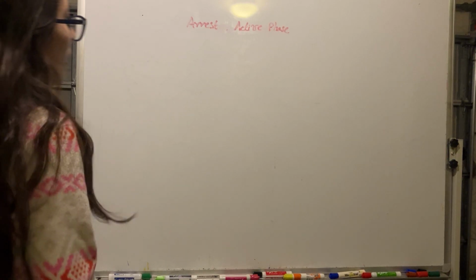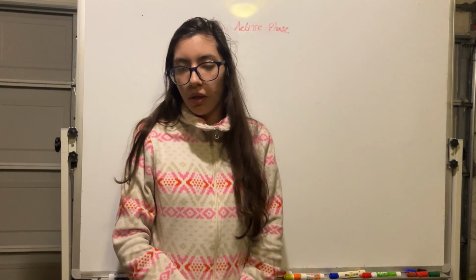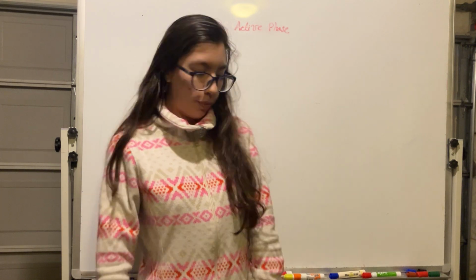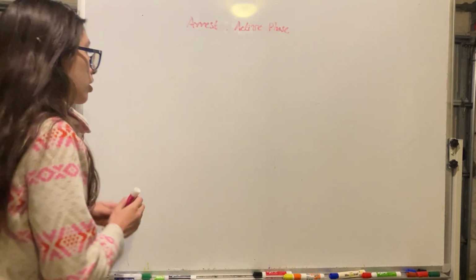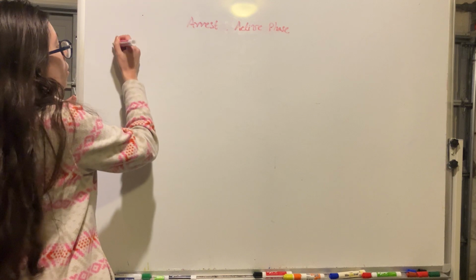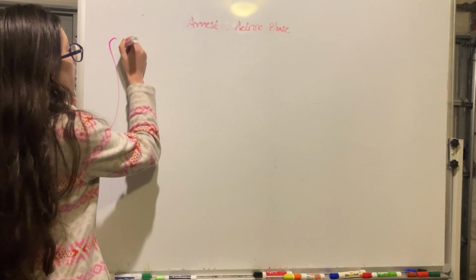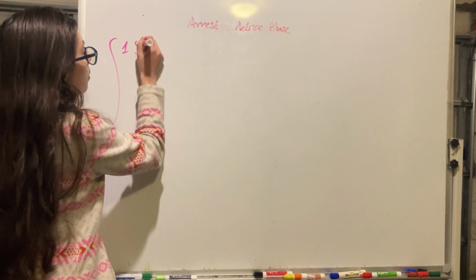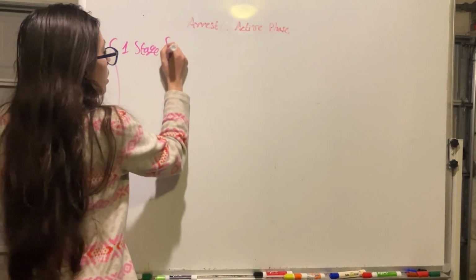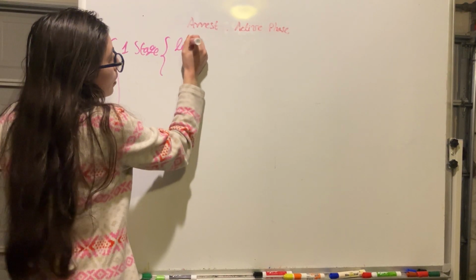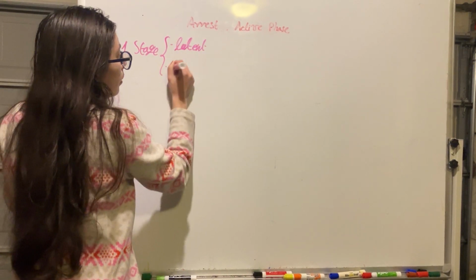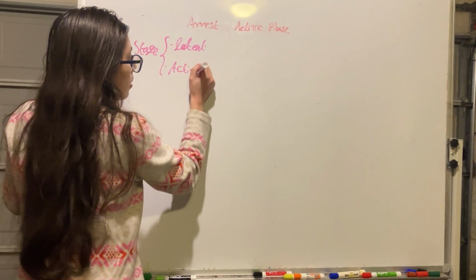Now let's review the arrest of active phase of the stage 1 of labor. So remember, we have 4 stages of labor. We have stage 1 of labor, which is divided into a latent and an active phase.